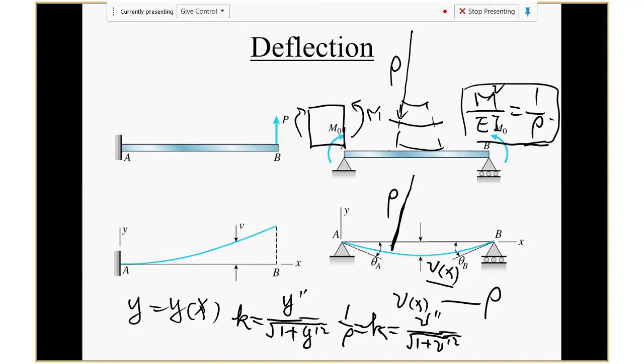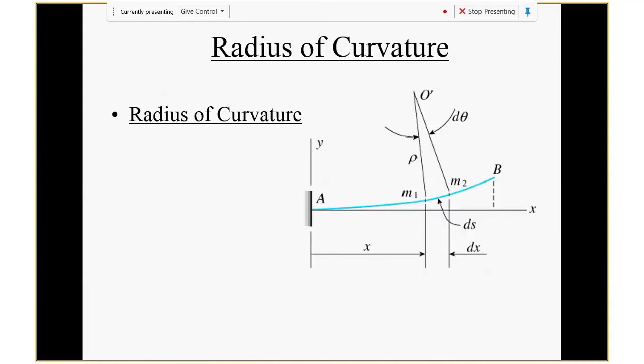Right? Okay, so now we have the equation. So let me use the next page just to write it down here. So here I actually have a derivation showing why that is true. Okay, why 1 over rho is curvature. Because here, if you look at this distance here, ds is supposed to be rho times d theta. So this angle is called d theta. Okay, that's just a quick explanation. All right.